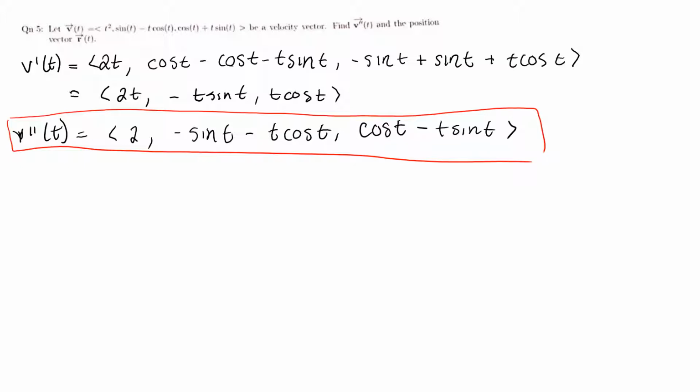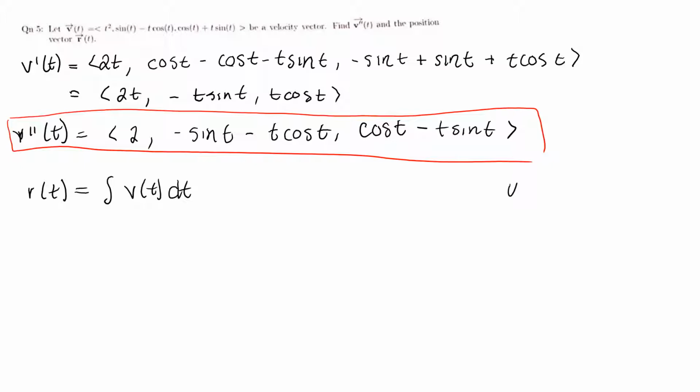Now the integral is going to be a little difficult because there's lots of integration by parts. So we're going to go in a couple of steps. We know that to get r, we need to take the integral of v(t) dt.